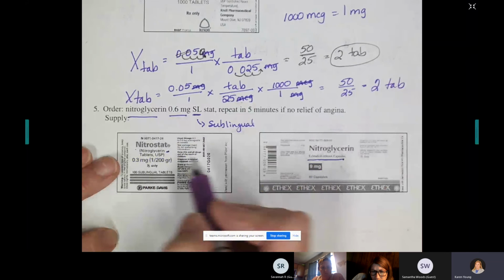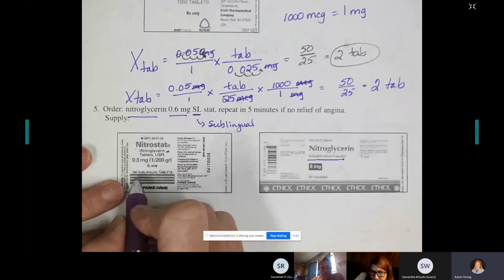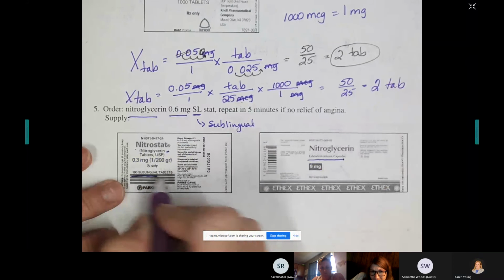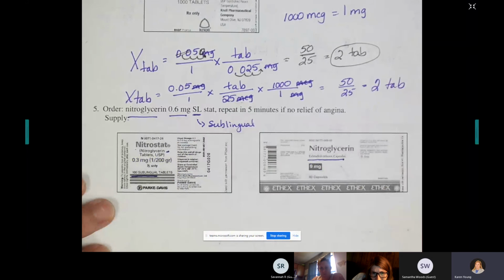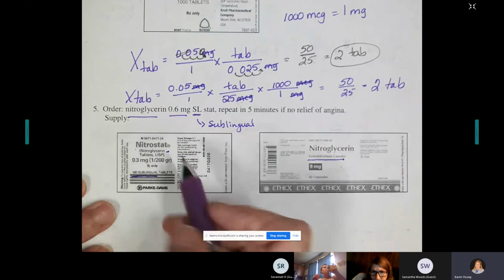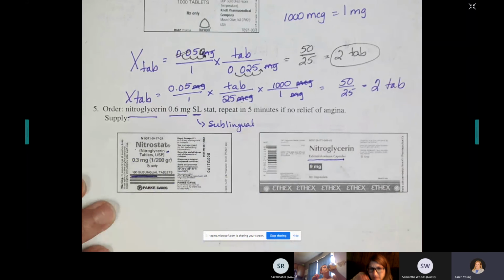The Nitrostat is sublingual tablets. So would I give the Nitrostat or the nitroglycerin? The Nitrostat, because it is sublingual. So we've got to make sure we give them the right one. And remember, the sublingual is the one that melts under the tongue and gets into the bloodstream the quickest.